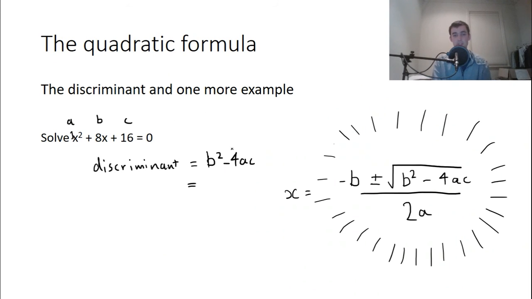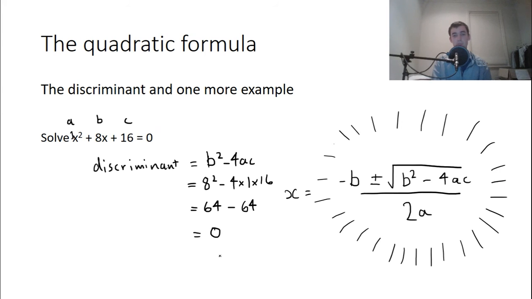Wow, that was about as messy as the other one. All right, so b is 8, so I've got 8 squared minus 4 times a, which is 1, times c, which is 16. That is, remember your times table, 64 minus 4 times 16 is actually 64 as well. Don't worry if you can't do that in your head, we've got calculators.